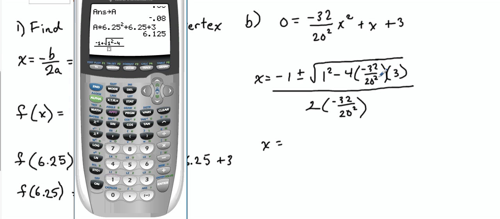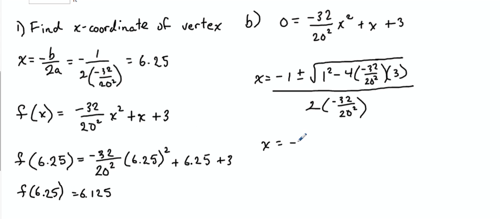Now, instead of typing in negative 32 over 20 squared again, remember I put that value in a, so alpha a times c, which is 3. Move down, divided by 2, and once again, alpha a, and we press enter, and we get negative 2.5.